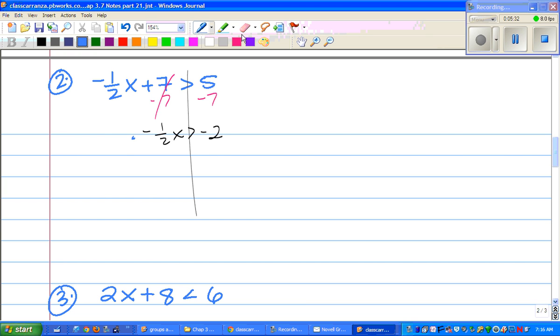So we're going to times that by the reciprocal, -2/1. Those guys cancel. X, -2 times -2 is 4, but we just multiplied by a negative, so we have to flip that sign. Okay? And our set notation, it's right there.